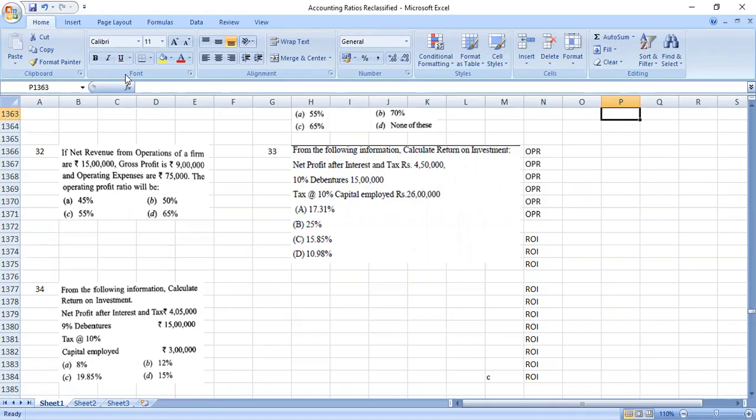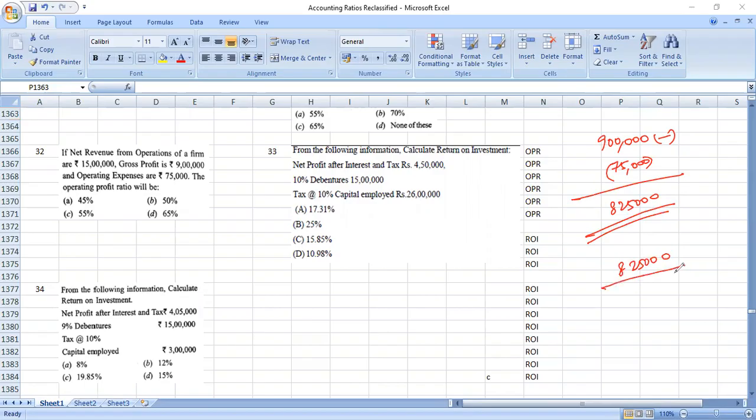All you have to do is reduce the operating expense of 75,000 from gross profit, and you'll get 8,25,000, the operating profit. The operating profit divided by revenue from operation will give you the operating profit ratio.